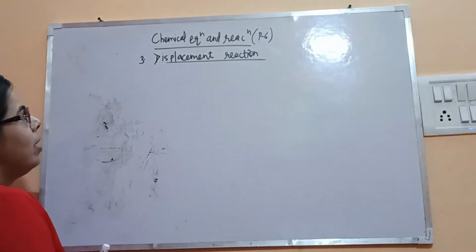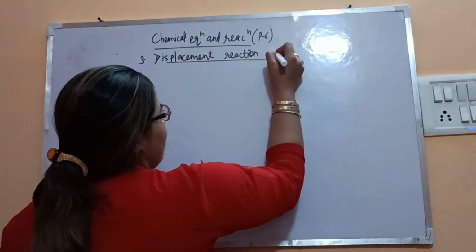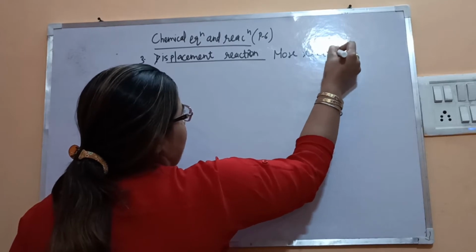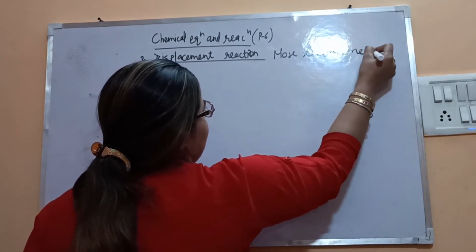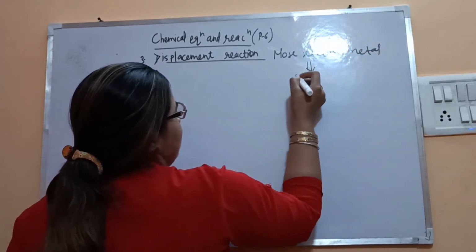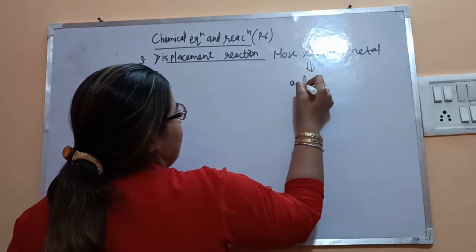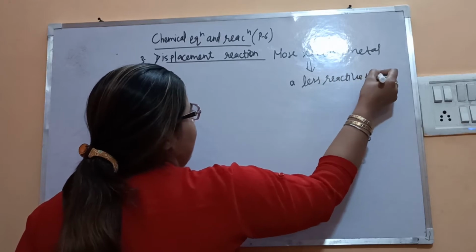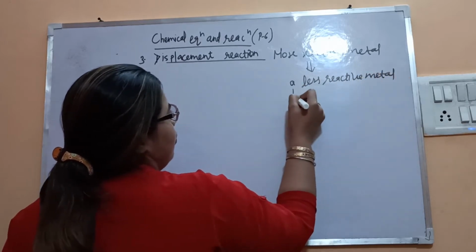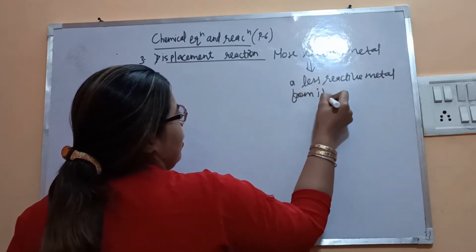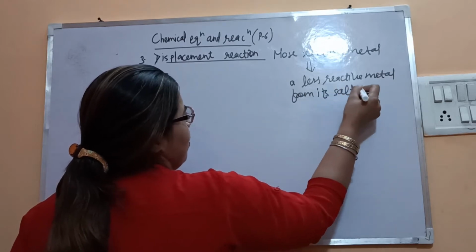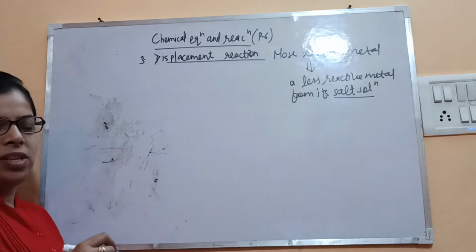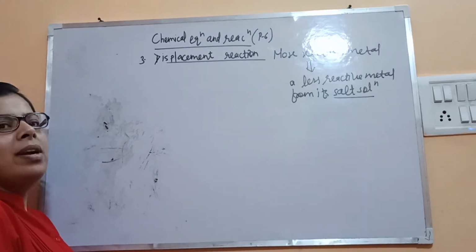So displacement reaction is that reaction in which a more reactive metal displaces a less reactive metal from its salt solution. This is very important, that from its salt solution, otherwise it will not be able to displace.